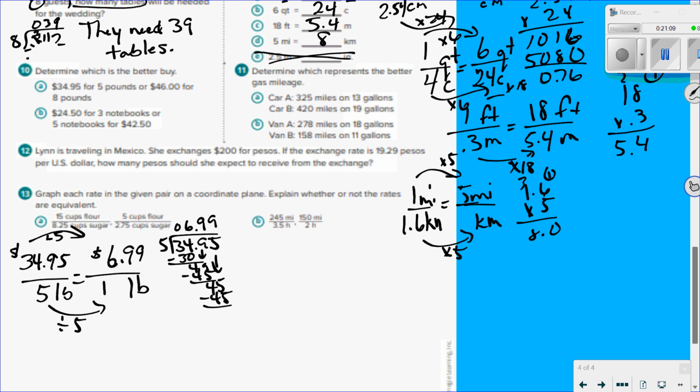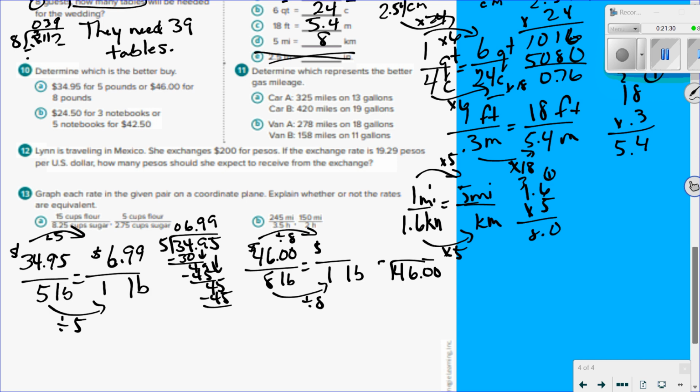My second one gives me $46 for 8 pounds. So again, I'm going to do dollars per pound. Because my 8 is an easier number, I'm going to divide by the 8. So I'm going to do 46 divided by 8. It's going to go 5 times, gives me 40. 6 gives me 7. 56 gives me a 40.